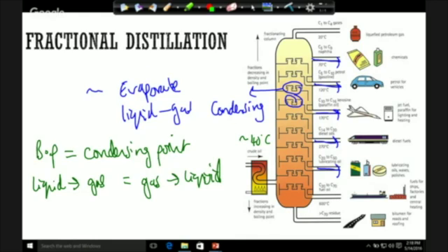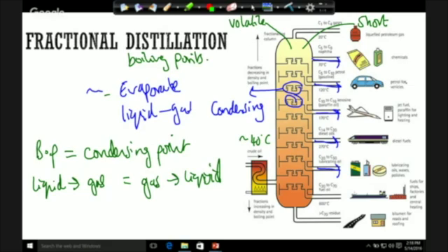So the key point for fractional distillation tower then is that these molecules are separated by their boiling points, and that they evaporate and then they condense and are collected off the tower. Now, up the top of the tower, this is where you get your short chain hydrocarbons, and the short chain hydrocarbons are very volatile. That means they turn into a gas easily.